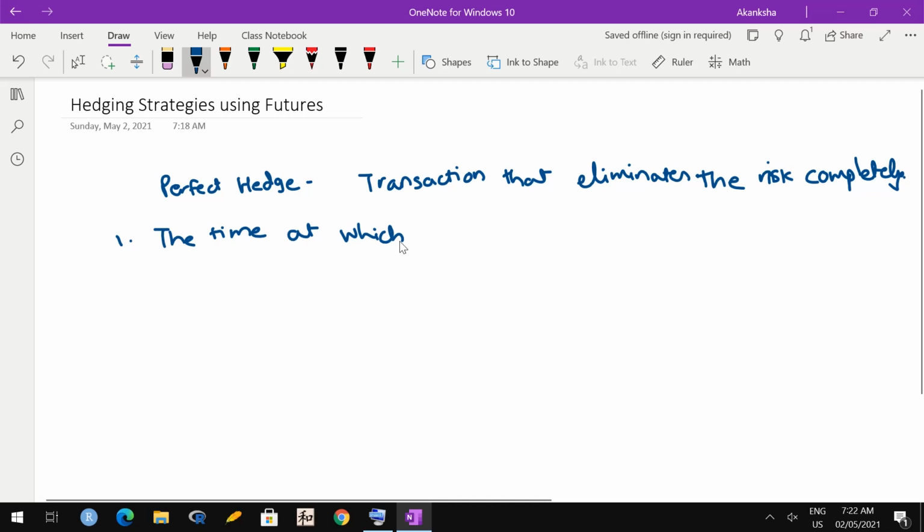That can't happen. Similarly, with big industries, for example a steel industry that wants raw iron, you are going to need iron at some future time point. Right now you may not be able to predict exactly when you need to buy it, and you can't buy it now and store it because that would cost you a lot.